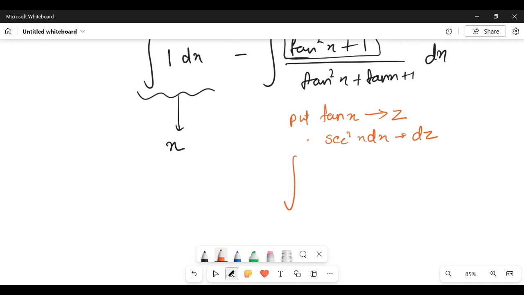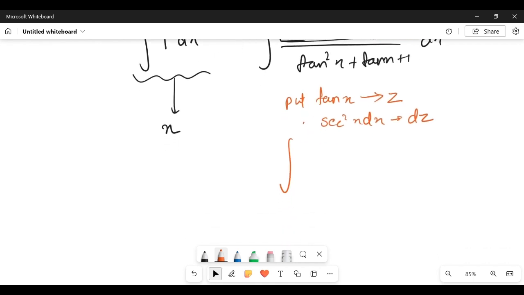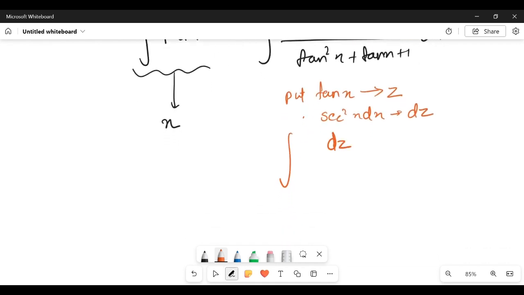In the numerator, you can see this is nothing but sec square x, so this would simply evaluate to this thing.